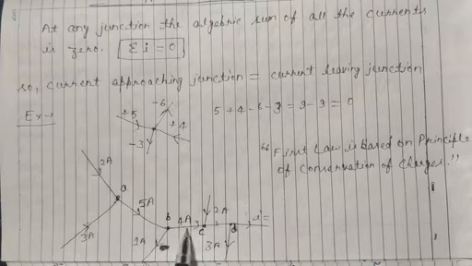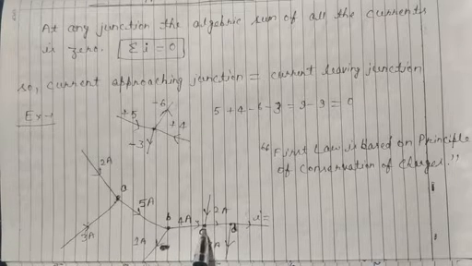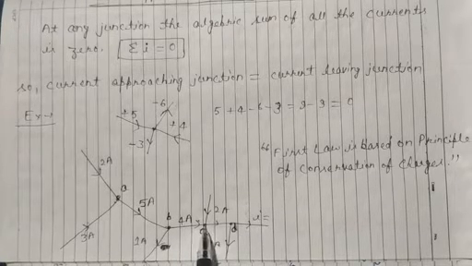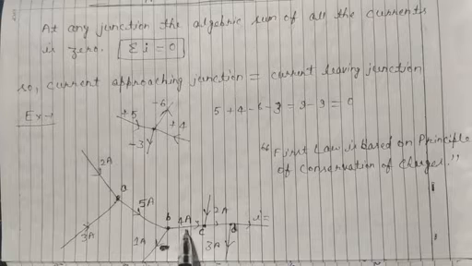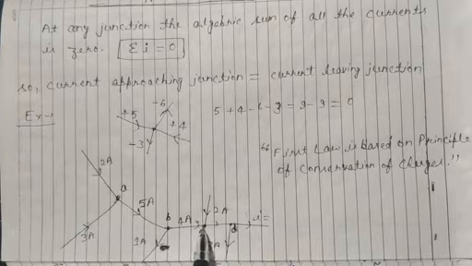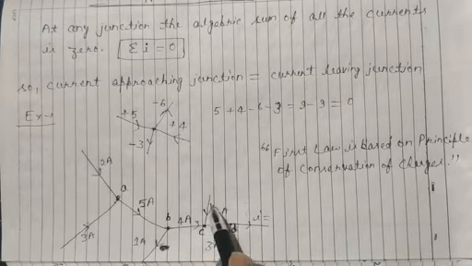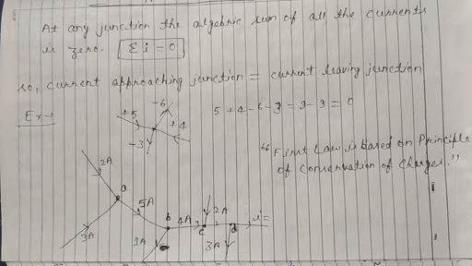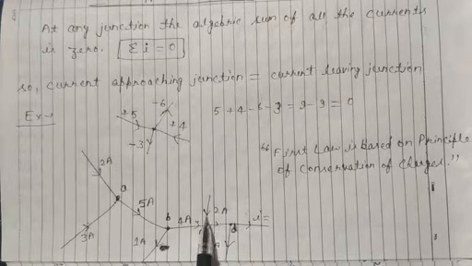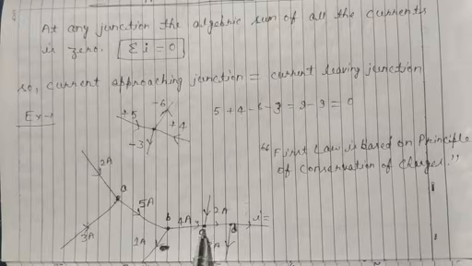Now this current reaches junction C. 4 has come from here, 2 has come from outside. So how much total approached? 6 ampere. How much should go out? 6 ampere.